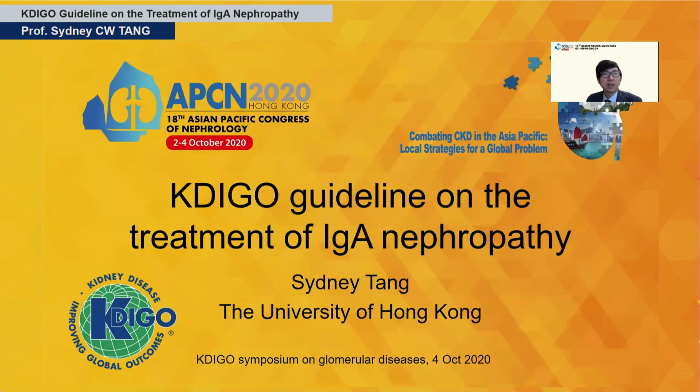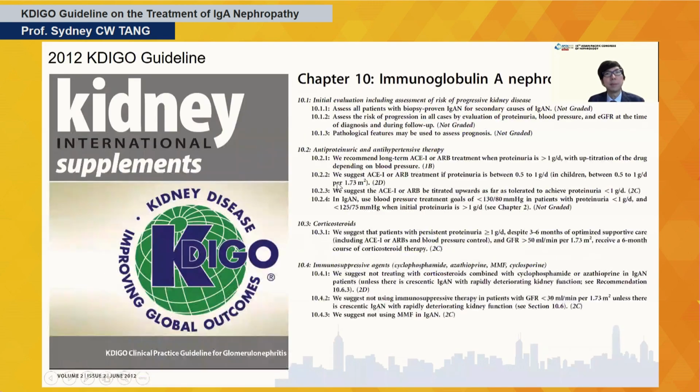I wish to thank the Scientific Program Committee and KDIGO for the opportunity for me to present the updated guideline of IgA nephropathy. These are my disclosures. Now, as you know, the previous version of the IgA nephropathy guideline was published in 2012, which was some time ago, and therefore in 2017, KDIGO envisioned the need to update the guideline.